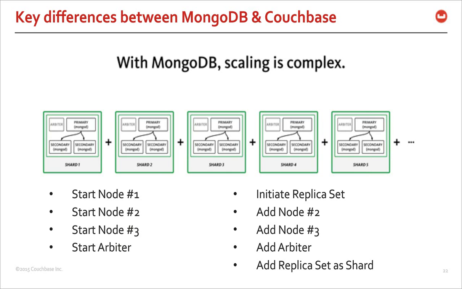That in itself means starting a bunch of nodes, initiating a replica set, adding those nodes to that replica set, the arbiter, and then finally adding that replica set as a shard. So there's quite a bit to do here. If you were in a situation much like Gannett, where you're running on Amazon and you want to rotate these instances, which often means swapping out shards running on new AWS instances, there's quite a bit of work to do there. And again, for those guys, that meant writing more Python scripts.